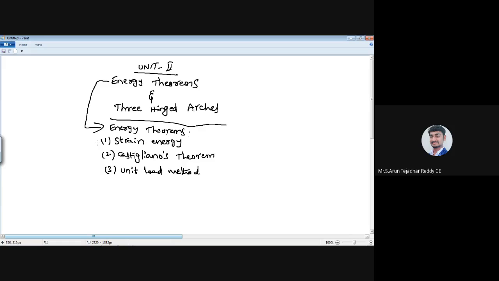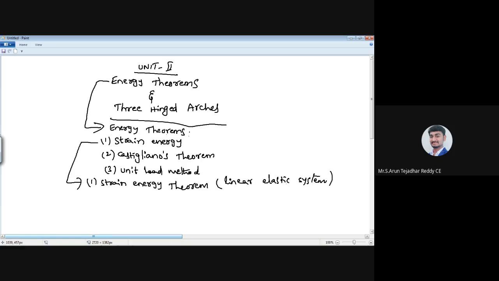Today we'll start only the strain energy theorem. This strain energy comes under the linear elastic system.